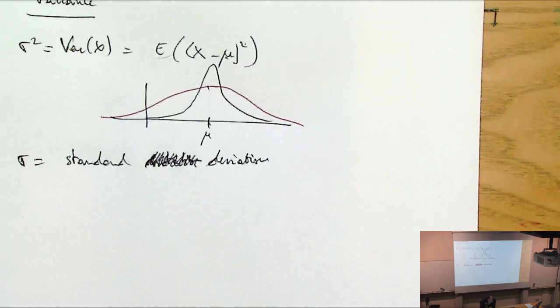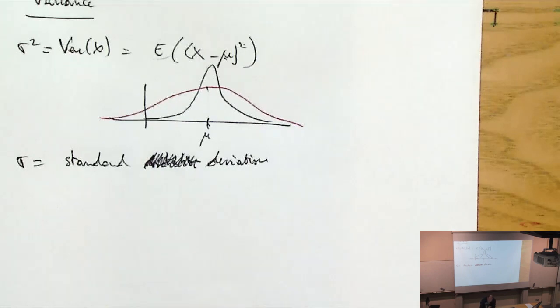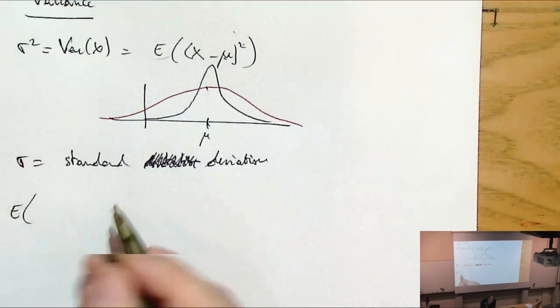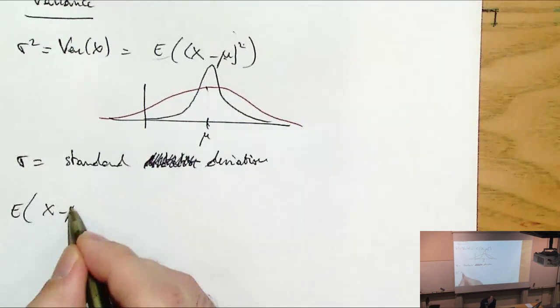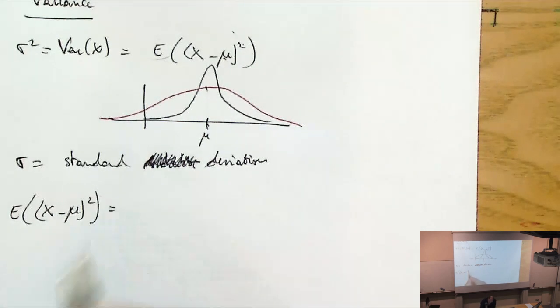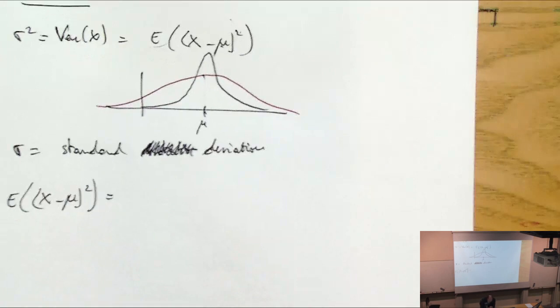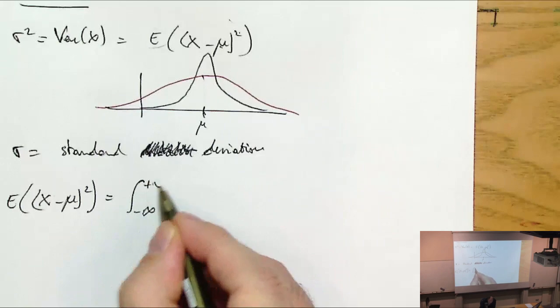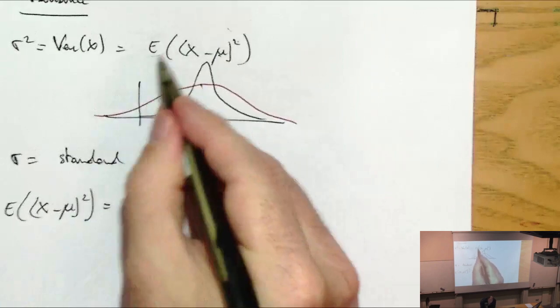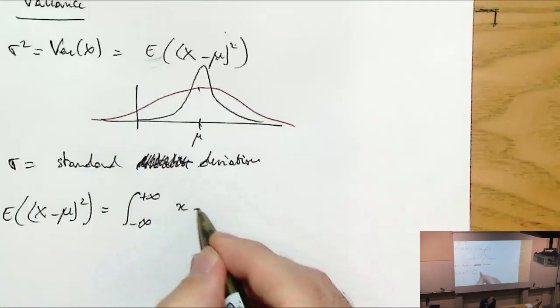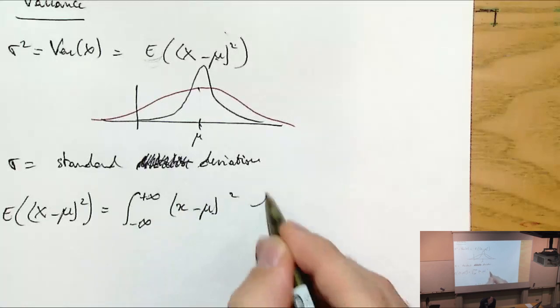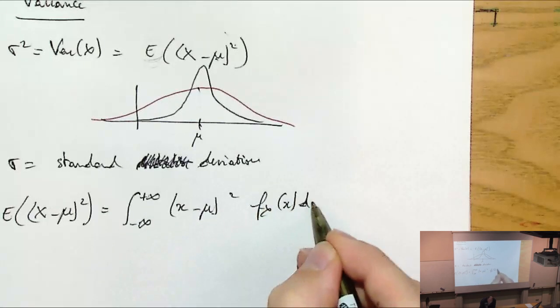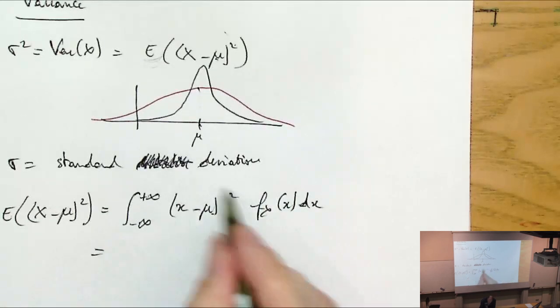And we had this relationship that we can write this differently. So let's look at this. If I have the expectation of (X minus mu) squared, how can I write this differently? I can say this is the integral between minus infinity and plus infinity, using the definition of expectation, of (x minus mu) squared multiplied by the probability density function of x. And now I can distribute that term.